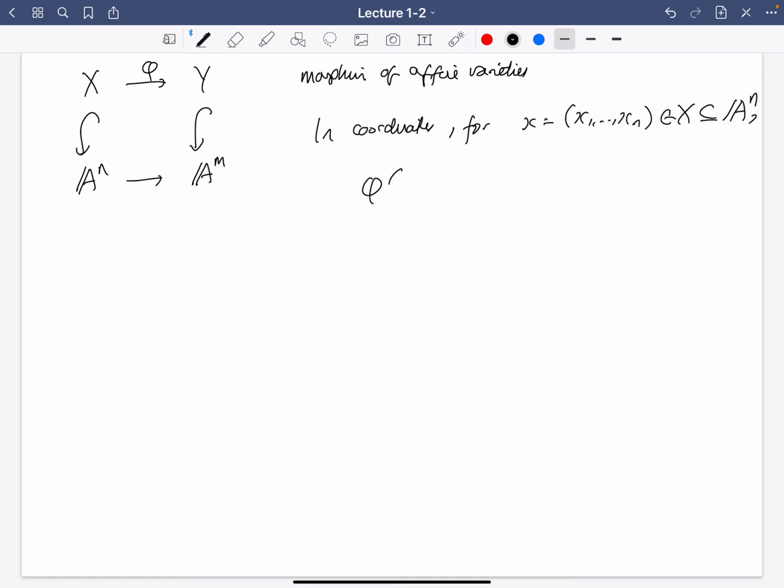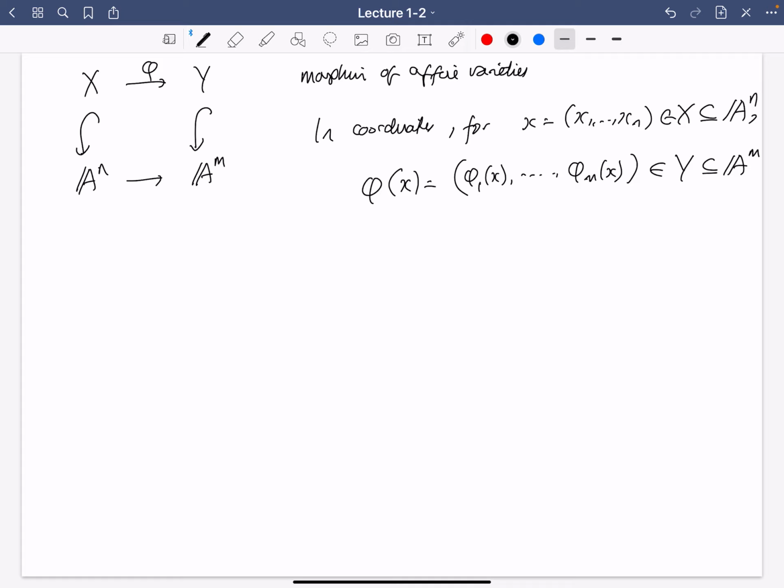The morphism phi sends x to a point in y, but that sits inside affine m space, so that has coordinates. So we've got the first coordinate of phi of x all the way up to the mth coordinate of phi of x.